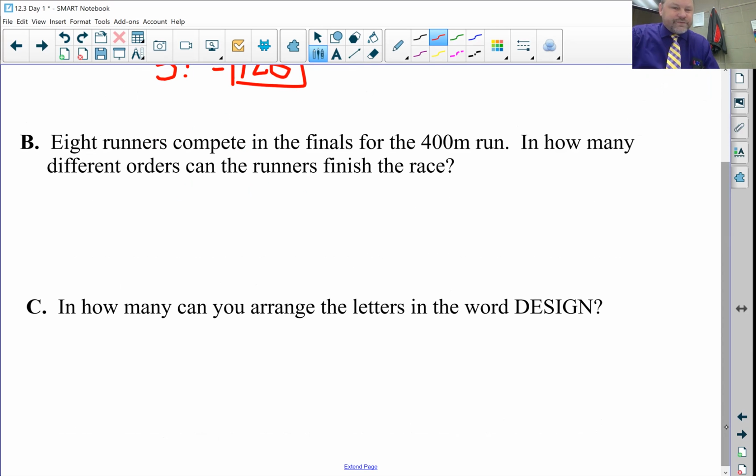8 runners compete in the finals for the 400-meter run. In how many different orders can the runners finish the race?